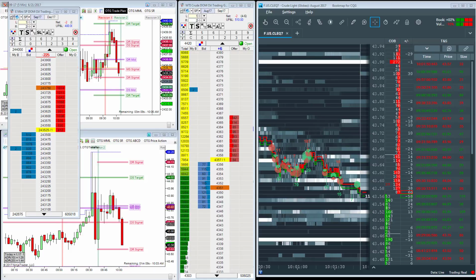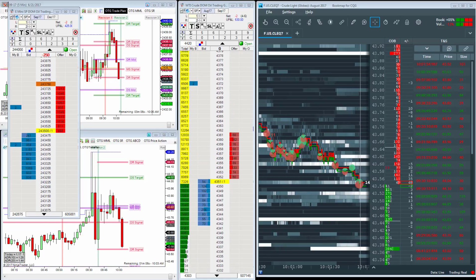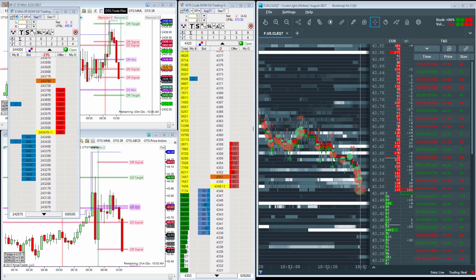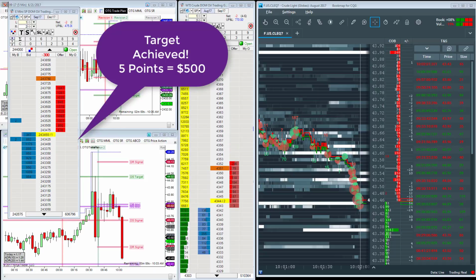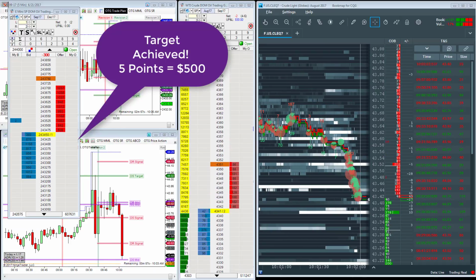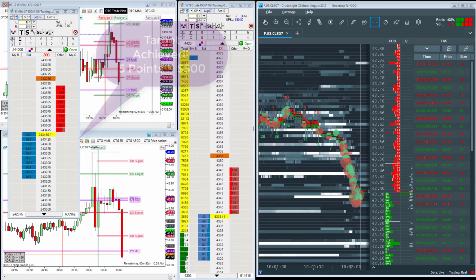Your target on the CL is 11. Your CL target is 11. There is 37.75. Let's bring this down to 4 points on the ES target. There's 43.42 on the CL. And my target got hit on the ES.